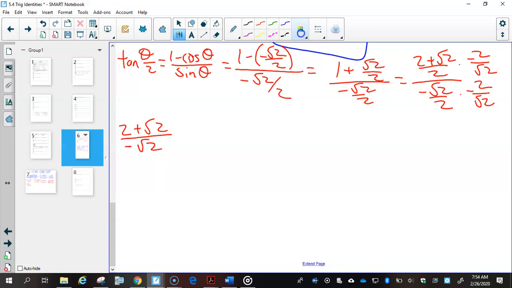I'm going to write this like this for now because I still need to rationalize and multiply the negative in. Can you show what crossed out again?